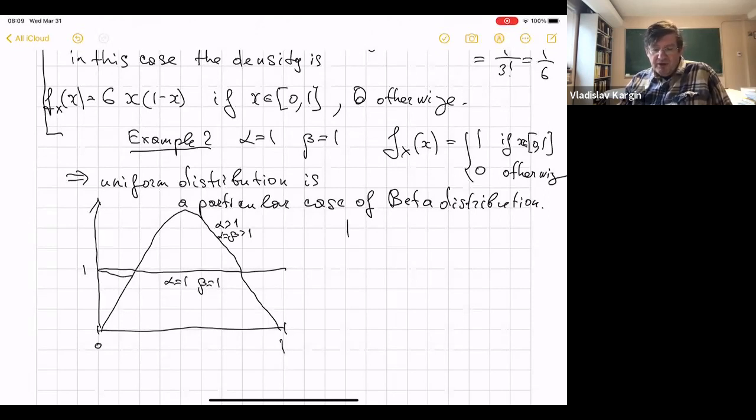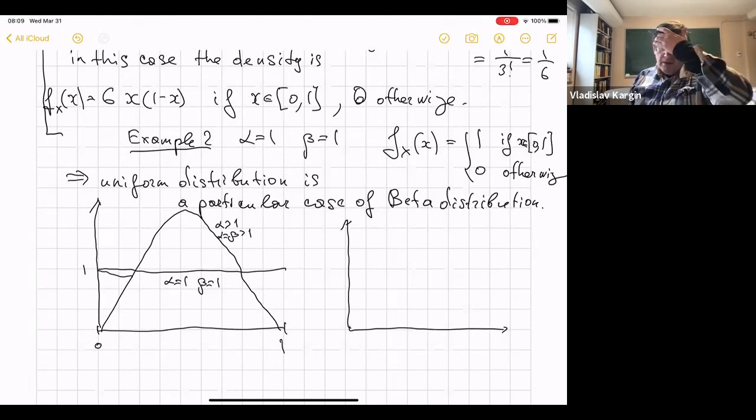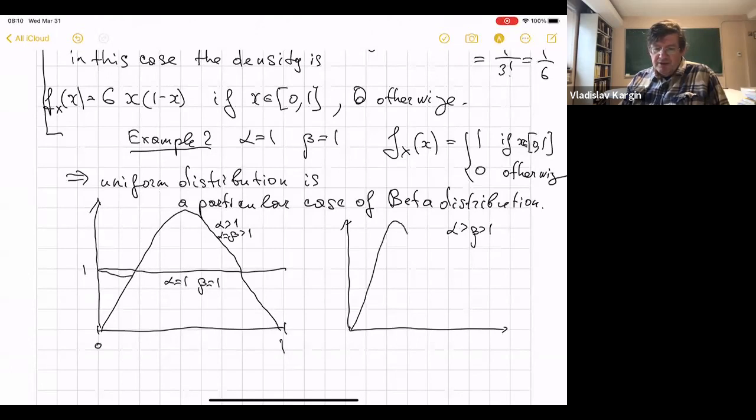Or say, if you have alpha greater than beta greater than 1, then what you'll get is something like that.